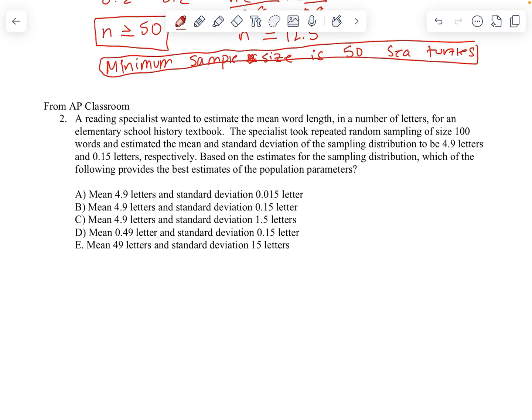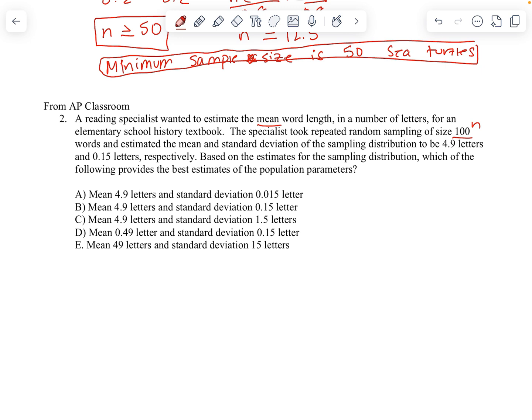Okay, question 2 says, a reading specialist wanted to estimate the mean word length in number of letters. So we're talking about means. For an elementary school history textbook, the specialist took repeated random samples of size 100 of words. So that sounds like that is our n, right?